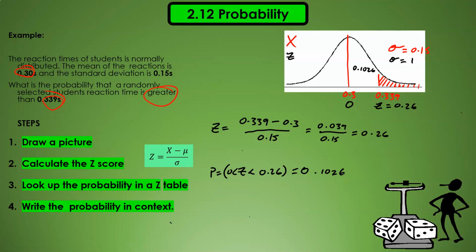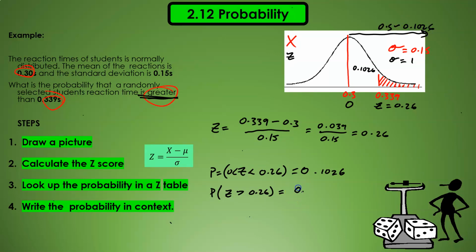However, that's not what the question's asking us. The question's asking us to find greater than our value. So what we need to do is change that. The probability that z is greater than 0.26 is going to be half of all the values in the normal distribution, so you have to take away our 0.1026.